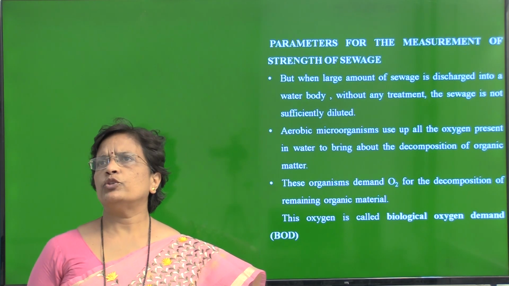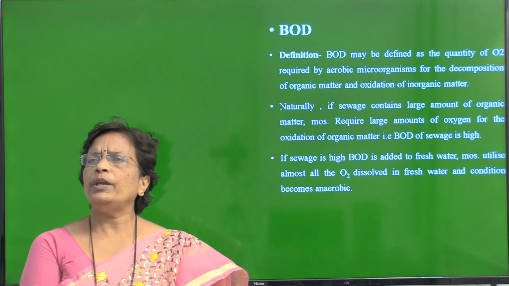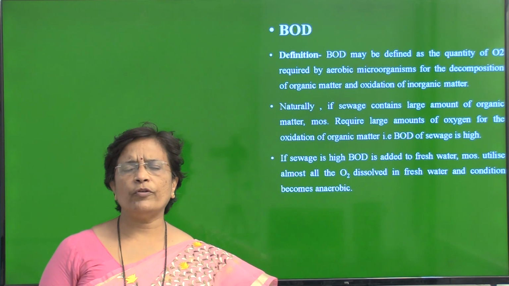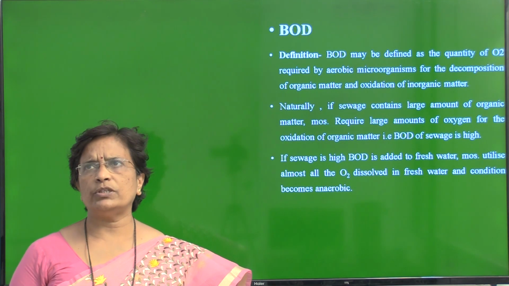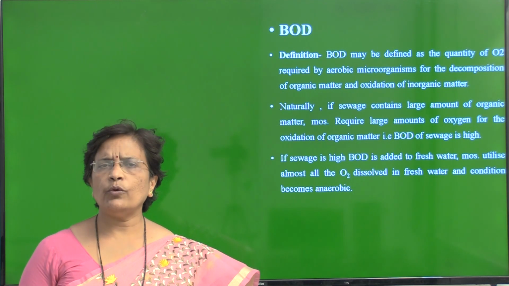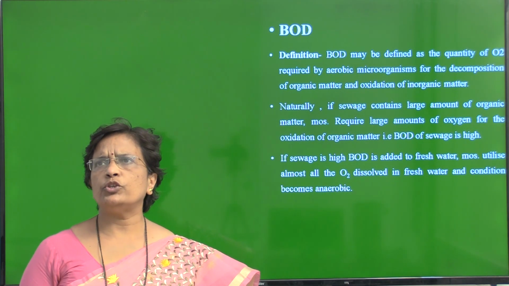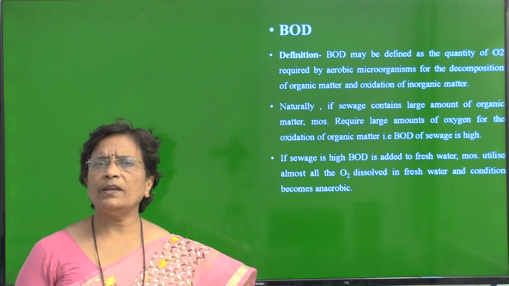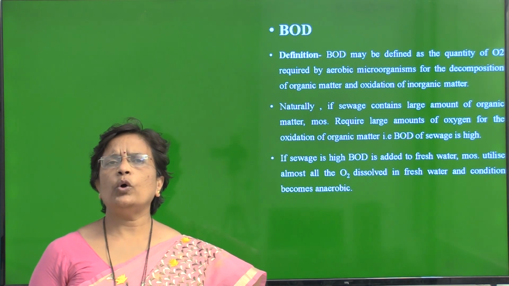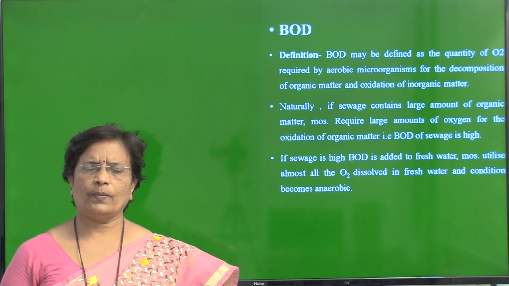So, the definition of biological oxygen demand is: BOD may be defined as the quantity of oxygen or the amount of oxygen required by aerobic microorganisms for decomposition of the organic matter and oxidation of inorganic matter present in the sewage.